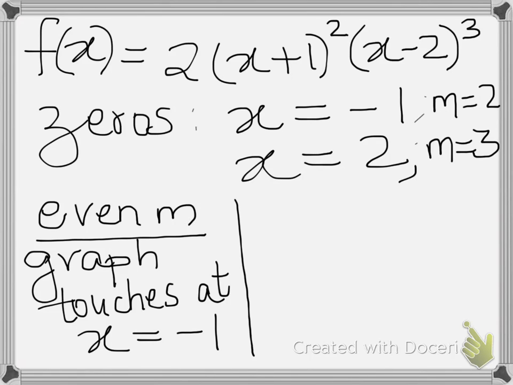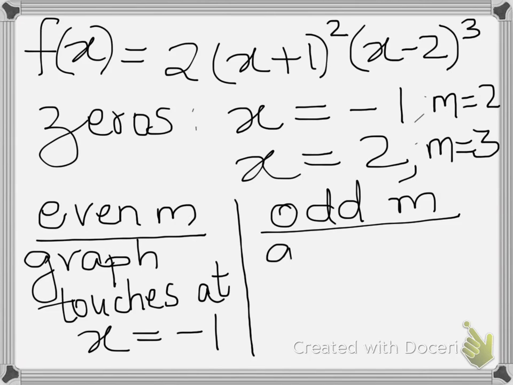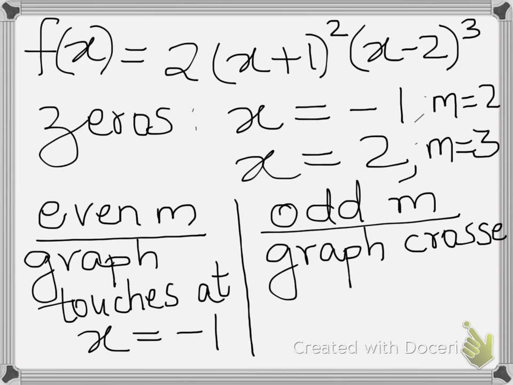The odd multiplicity is for x equal to 2. So in this case, the graph is going to cross at x equal to 2. And you can use a graphing calculator to draw the graph of this function and verify if that is true or not.